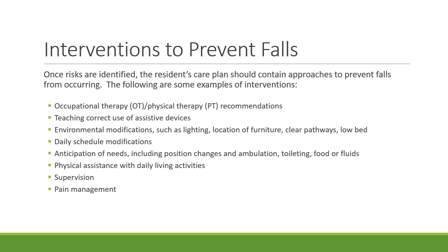The following are some examples of interventions: occupational therapy, physical therapy recommendations, teaching correct use of assistive devices, environmental modifications such as lighting, location of furniture, clear pathways, low beds, daily schedule modifications, anticipation of needs including position changes and ambulation, toileting, food or fluids, physical assistance with daily activities, supervision, and pain management.